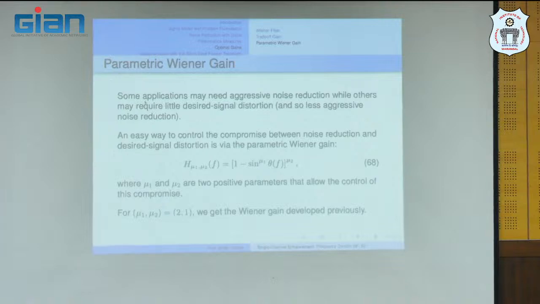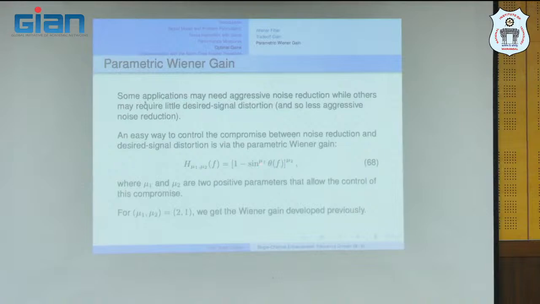So I can write a new gain, h with parameters mu1 and mu2, that looks like that: 1 minus sine to the power of mu1, and all of that to the power of mu2. Now, if I choose mu1 and mu2 equal to 2 and 1, what do we get?